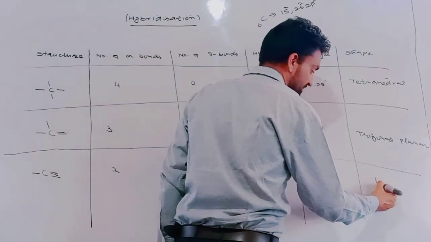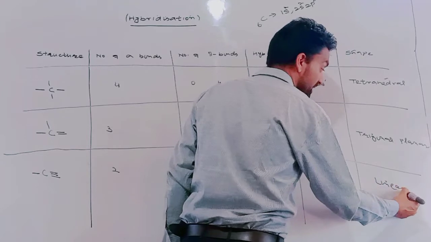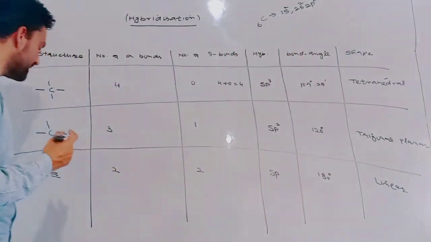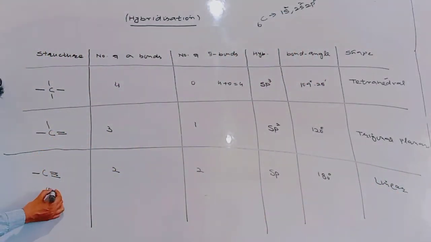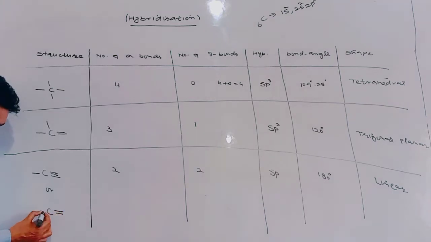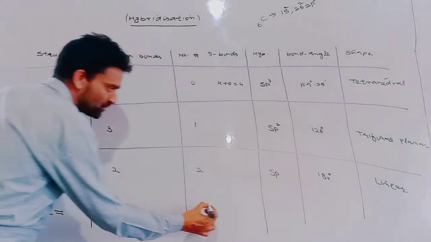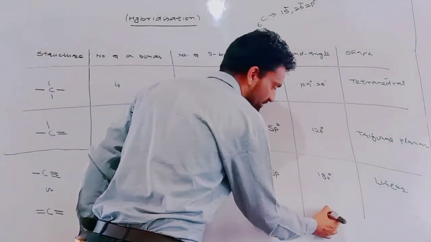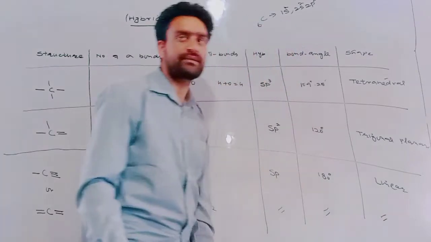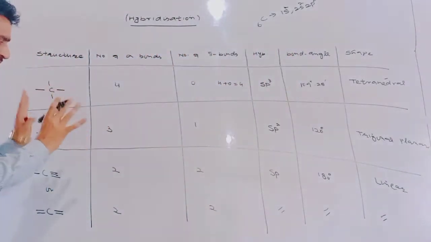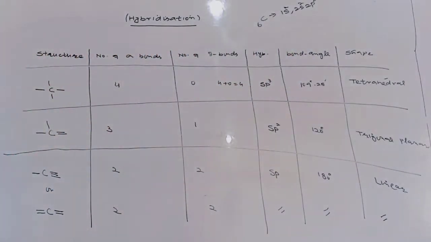What is the shape? It is linear. Or this compound can be just like this, double bond on both sides. It has 2 sigma, 2 pi. Same case. Hybridization same, bond angle same, structure same. Keep this table in your mind, and I will be applying it in questions.